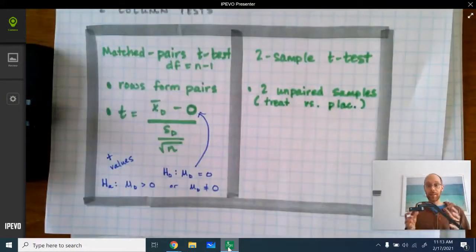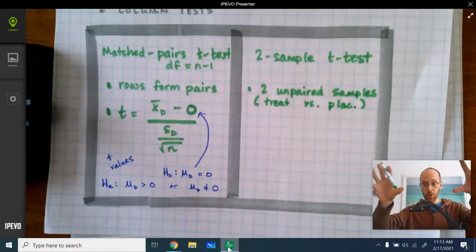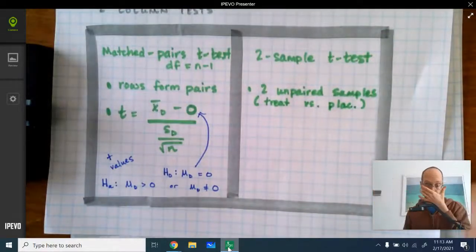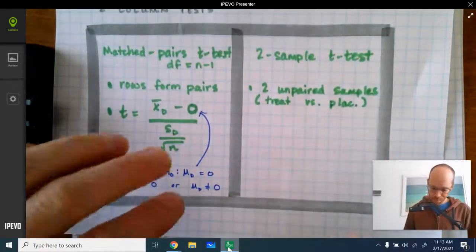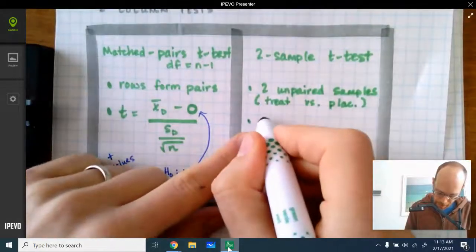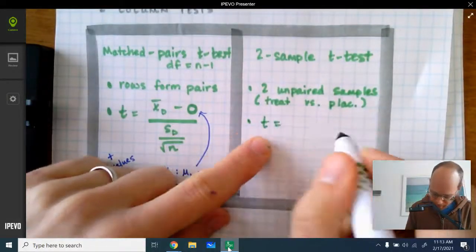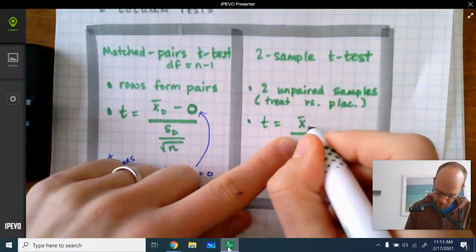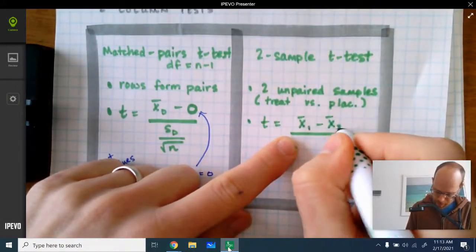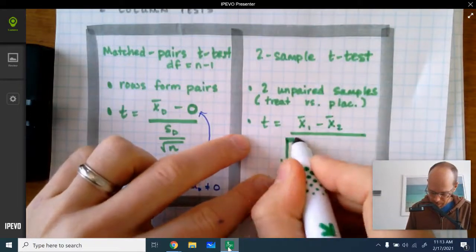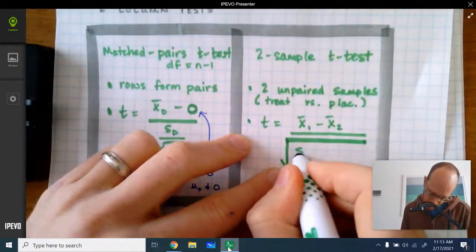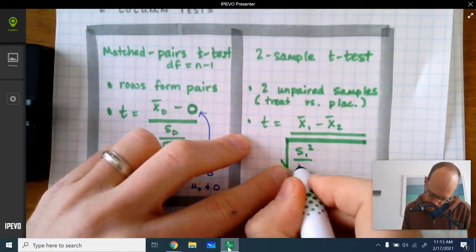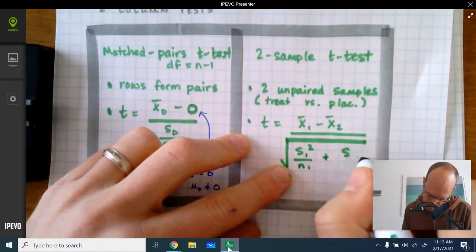The treatment and the placebo groups are not paired together. They're just two separate groups of individuals that we've run an experiment on. Okay. The test statistic formula is a little more complicated here. You need to find the difference of the sample means and then divide it by this formula.